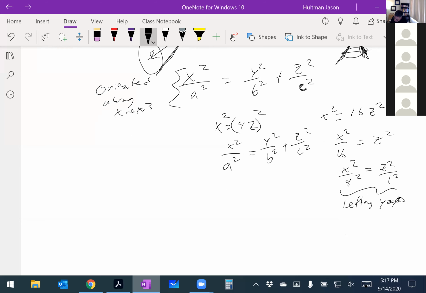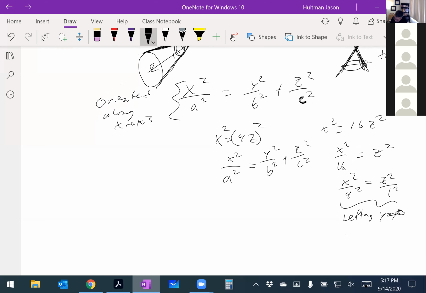So I know what a and c are. If I let y be 0, then a squared is 16, and c is 1. So what I need to figure out is what b is. What is b here?